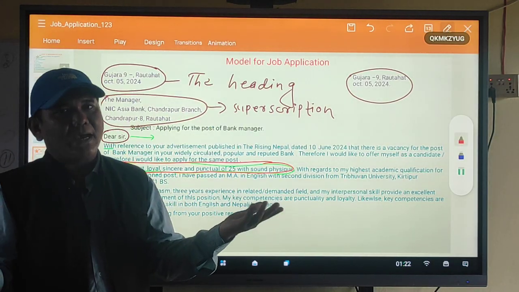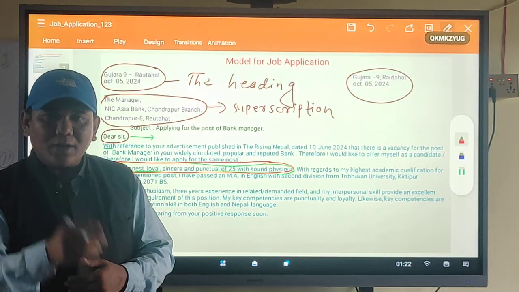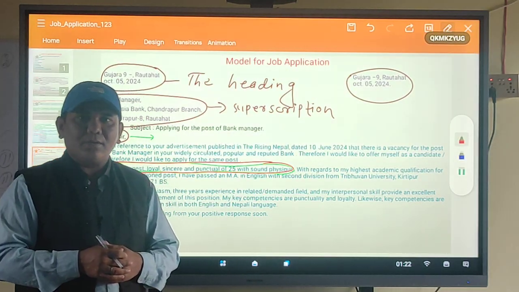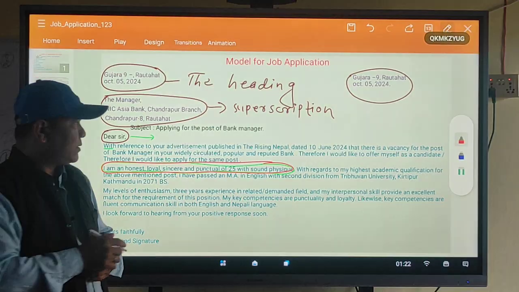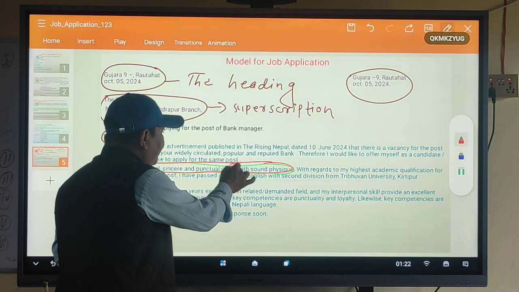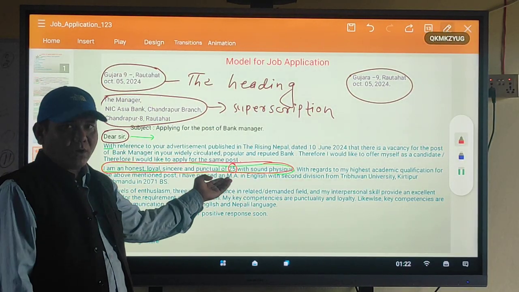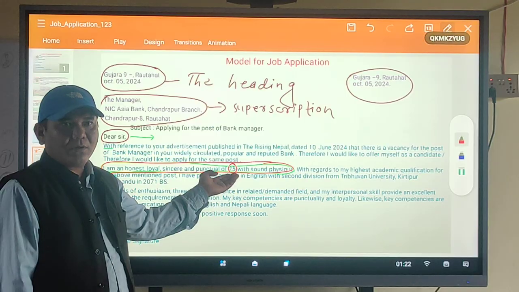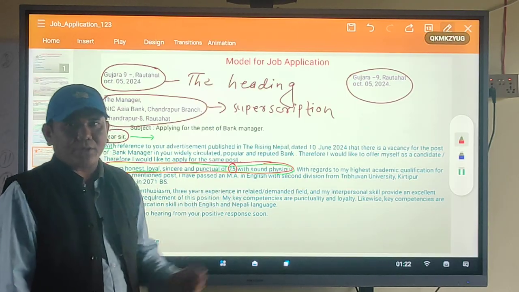You can copy it as it is. Only you need to change a few words like 25. You can write 21, 20, 24, according to the situation.